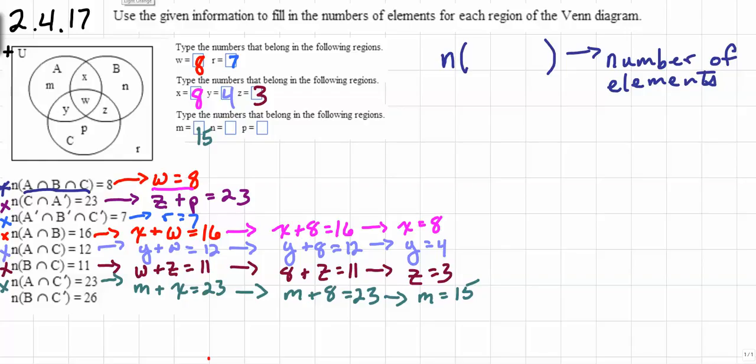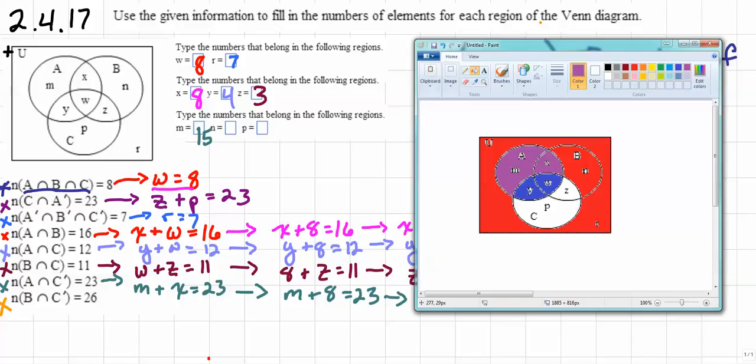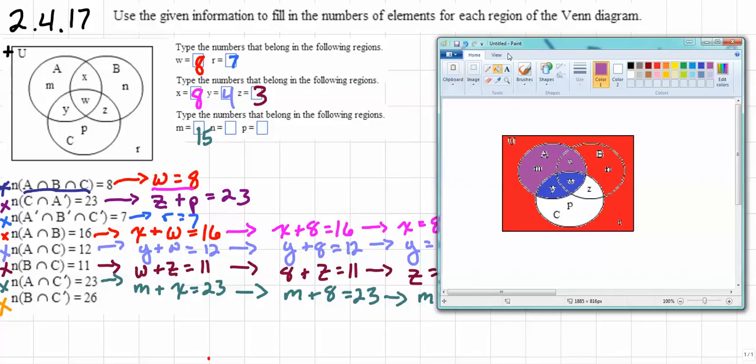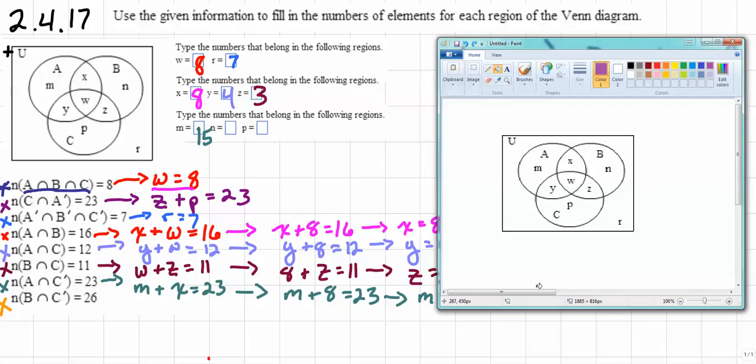So let's go ahead and look at the number of B intersect C prime is equal to 26. Well, that shouldn't be too hard to figure out because we've actually become quite proficient at that using Microsoft Paint. So we'll go back to this one, and I'm going to go ahead and reset the diagram. And we're going to go ahead and do B intersect C complement.